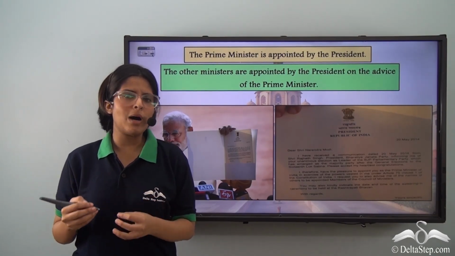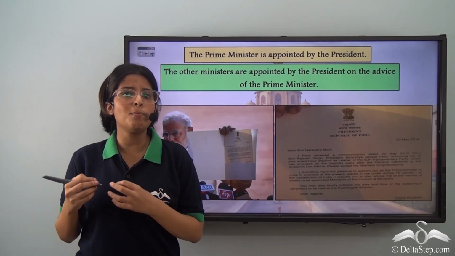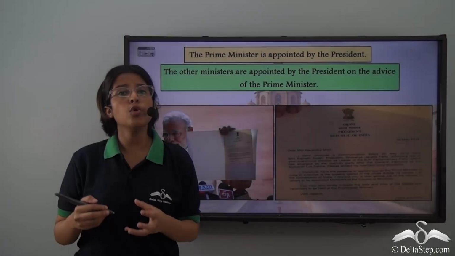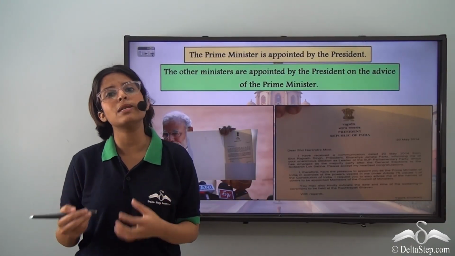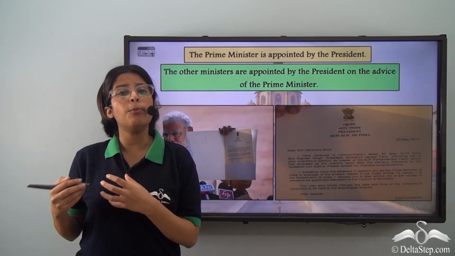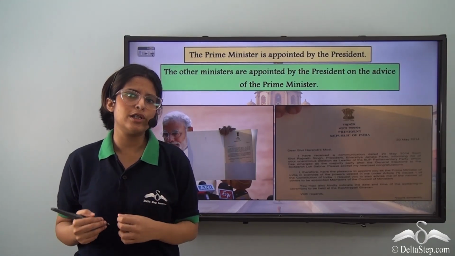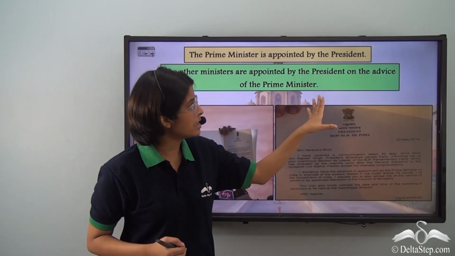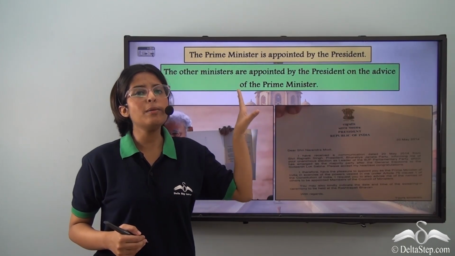So, this is a power that the President has only on paper. The Prime Minister advises the President on whom to appoint as his ministers, and the President appoints these people as the Council of Ministers. So the other ministers are appointed by the President on the advice of the Prime Minister.